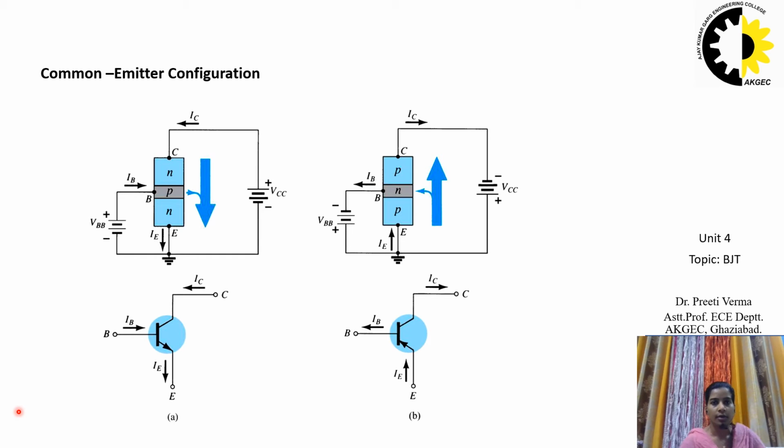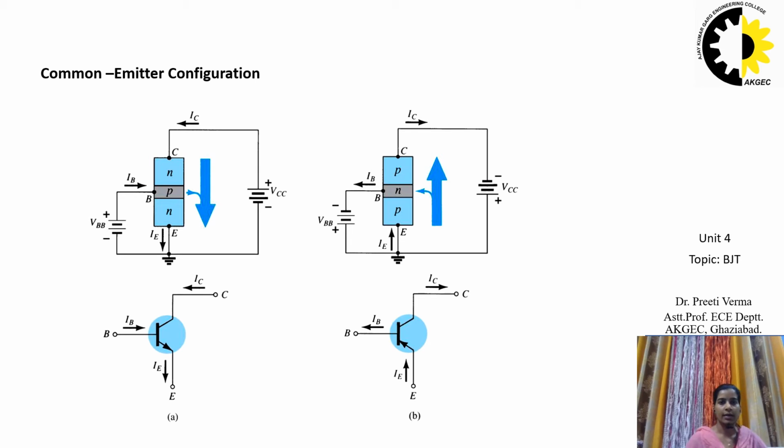So here you can see the emitter is of p type and it is connected to the positive of the battery, and the base is of n type, which is connected to the negative of the battery. So this junction is forward biased. And if we see the output junction, the collector, which is of p type, is connected to the negative of the battery, and the emitter, which is of p type, is connected to the positive of the battery.